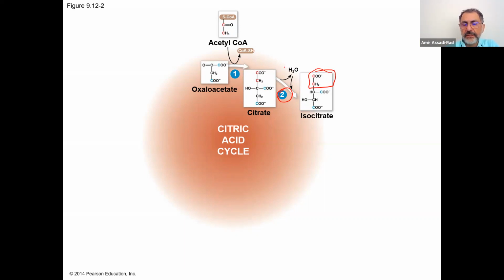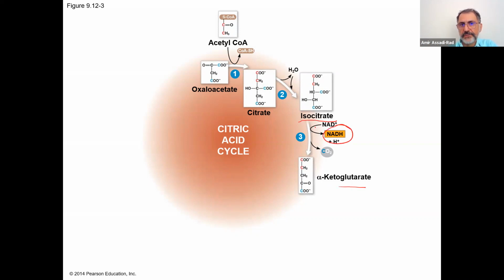But anyhow, these are the 2 carbons that Hans Krebs made radioactive, and he traced them, and he saw them right here, okay? Then conversion of isocitrate to alpha-ketoglutarate, you make 1 NADH right there, okay? And then one of the carbons, this carbon, is kicked off as CO2.